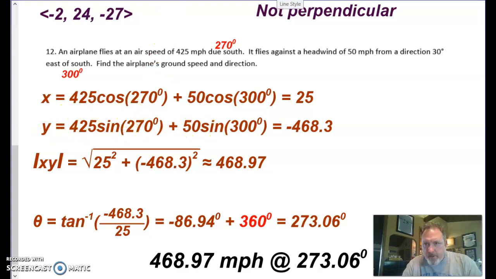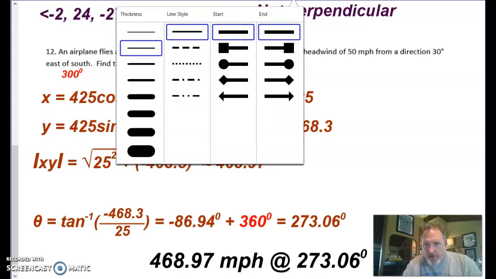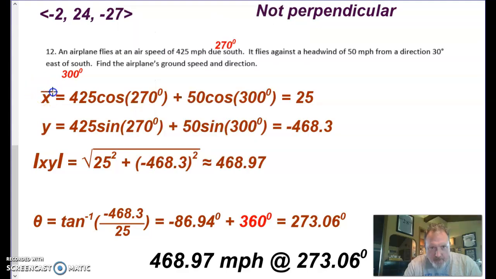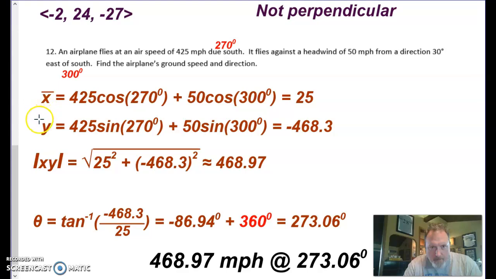I do notice here I missed one slight thing. It's not the end of the world, but we want to make sure we have this in here since these are vectors. Again, it's not a major deal, but we'd like to have it right for you guys. And then our magnitude here for x and y.